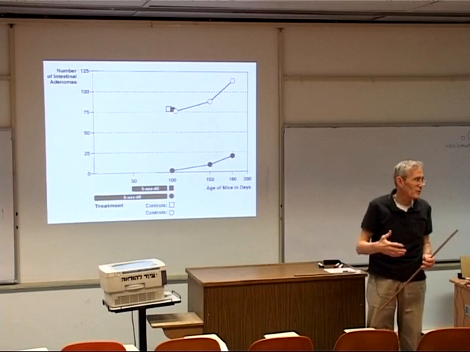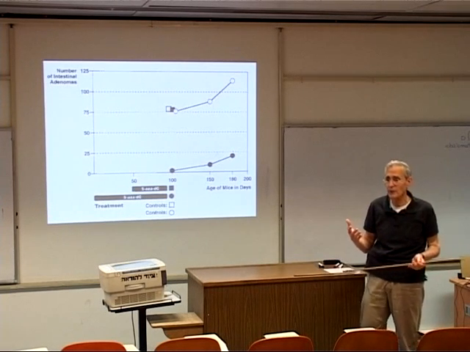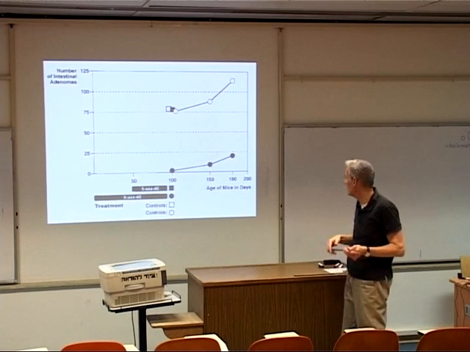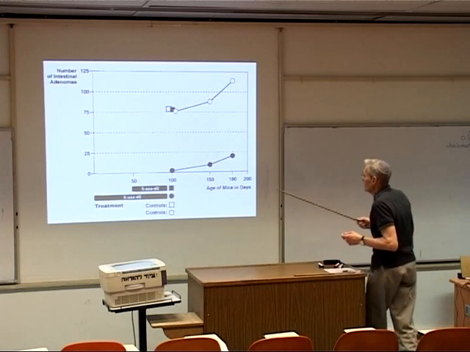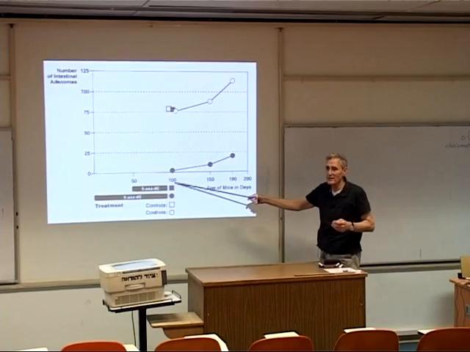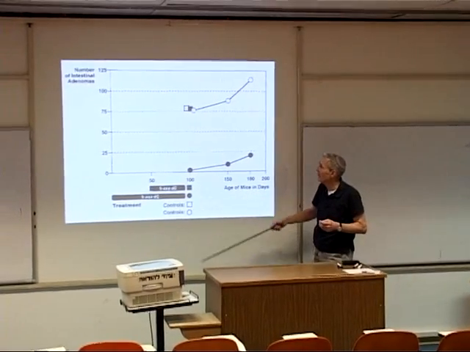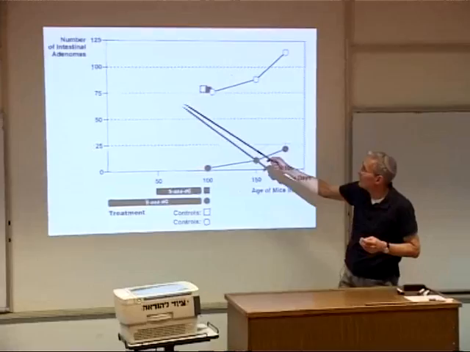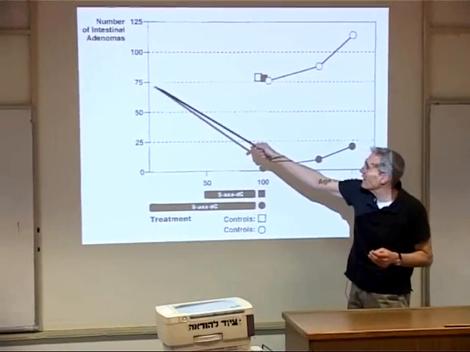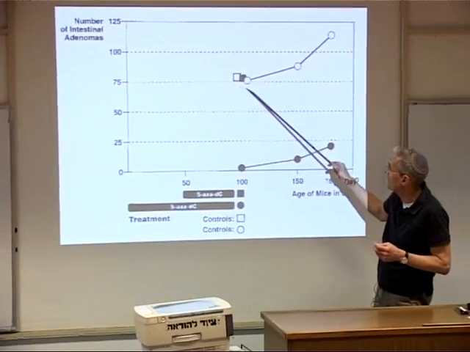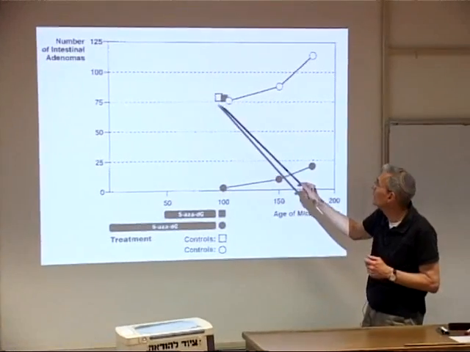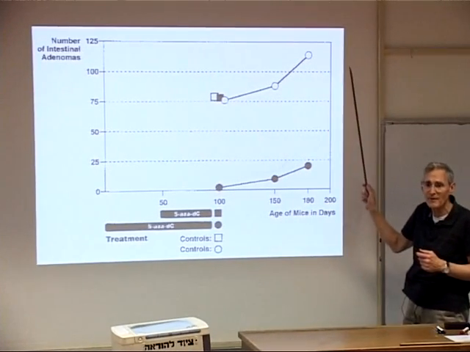And they develop tumors, somewhere between 75 to 100 tumors per mouse, at the age of a little bit more than 3 months. A normal mouse has about 75 intestinal adenomas. When you wait longer, it gets up to 100.